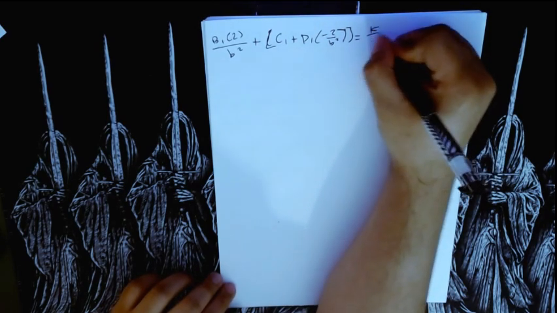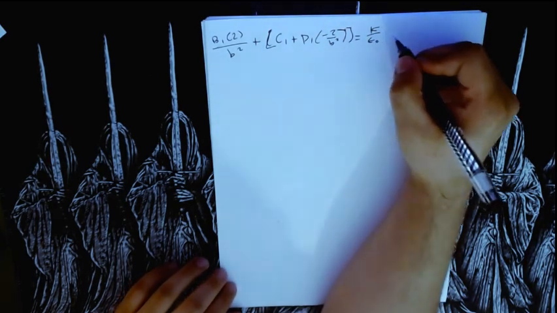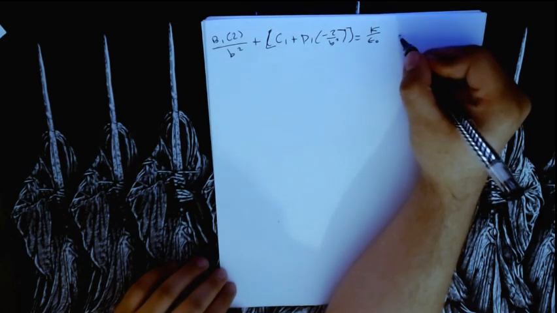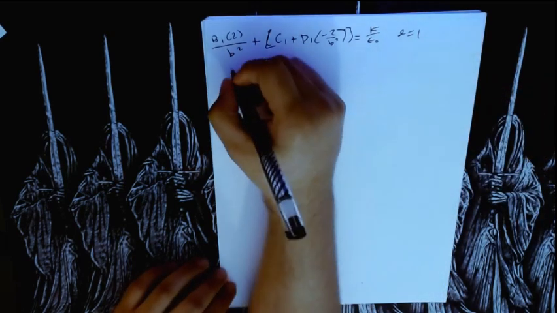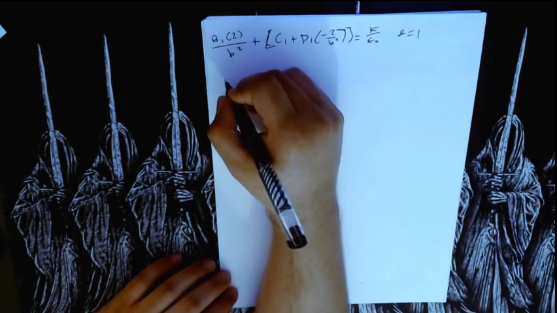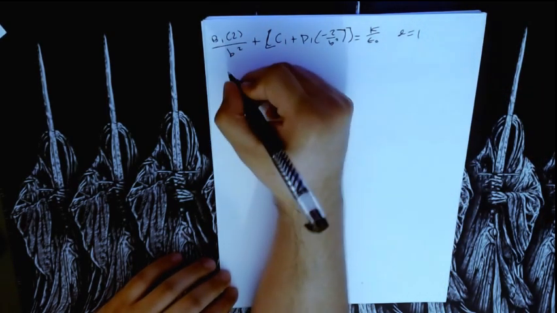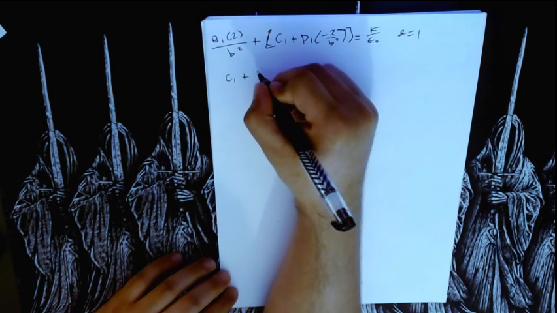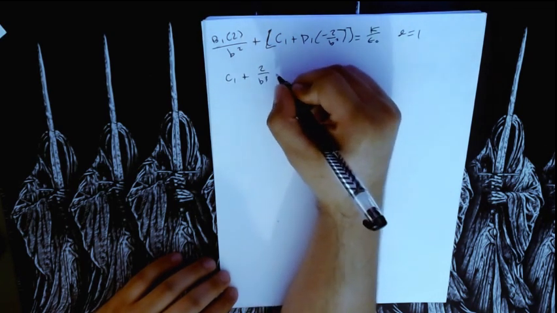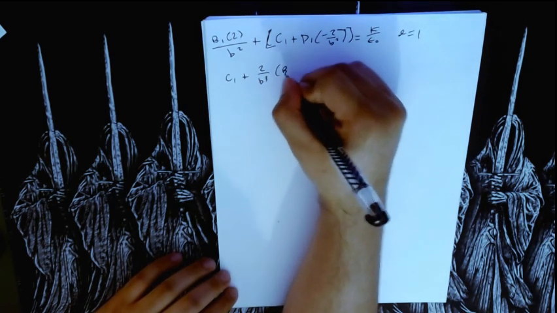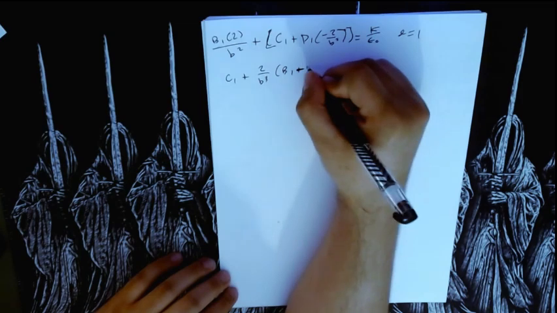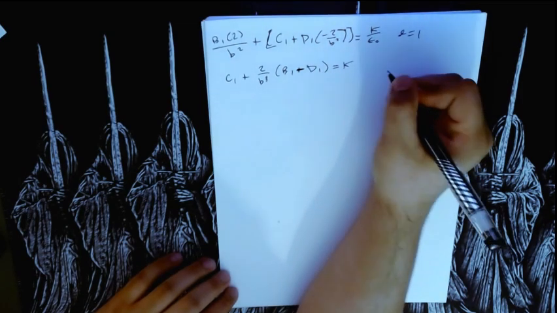And this is going to equal K over epsilon naught. And this is for when L equals 1, yes? Then I guess we can simplify this a little more. C1 plus 2 over B to the third, B1 minus D1 is equal to K.